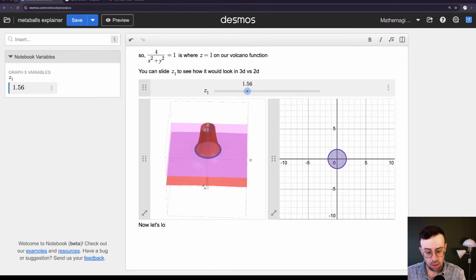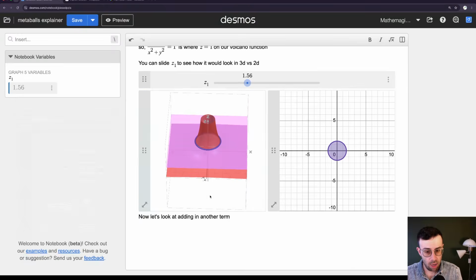Now let's look at adding in another term. Okay, we'll add a column. And let's copy this.